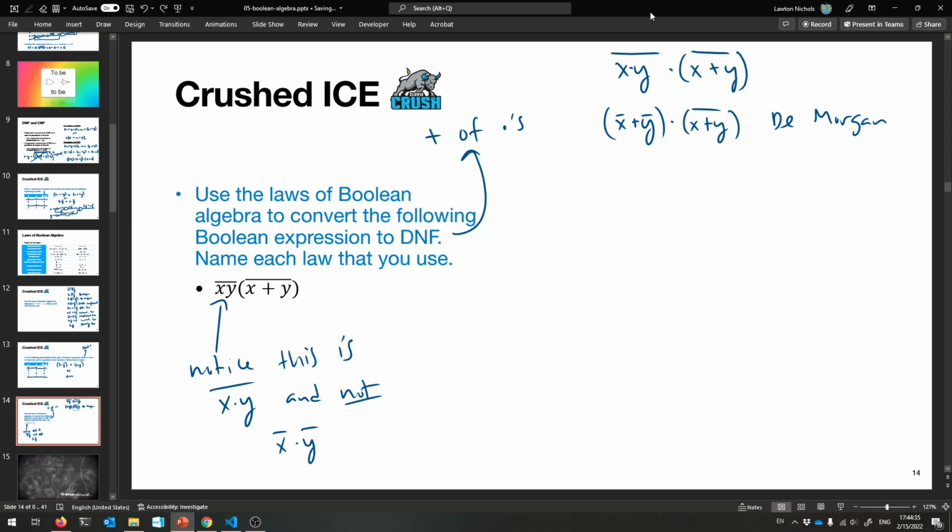We keep what was here, and then we multiply with this. This OR becomes an AND now, so we have x bar ANDed with y bar. Yes, so that's another application of De Morgan's rule in Boolean algebra land. And now what can we do here?